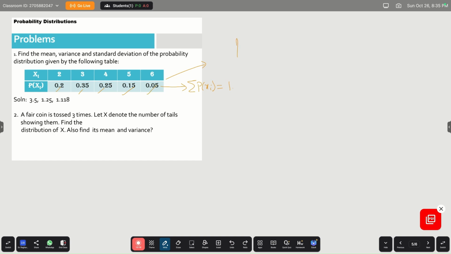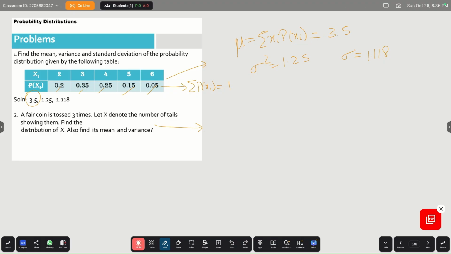And mean, using the formula sum of xi p of xi, you will get the solution as 3.5. You can cross verify, and similarly variance you will get 1.25, and standard deviation will be square root of variance, which is 1.118.